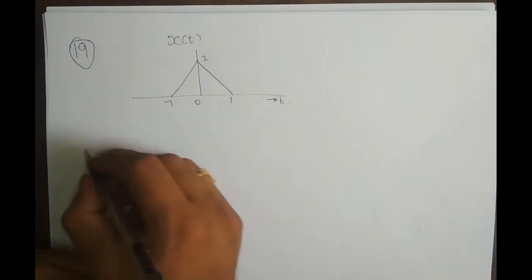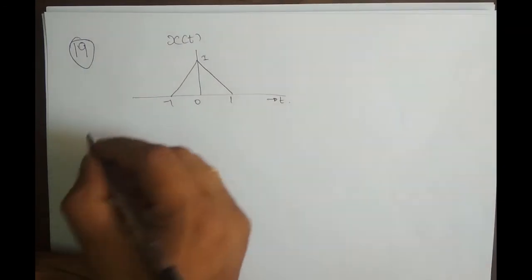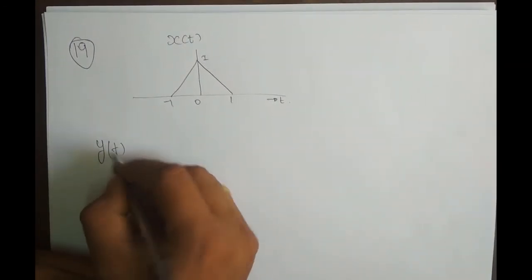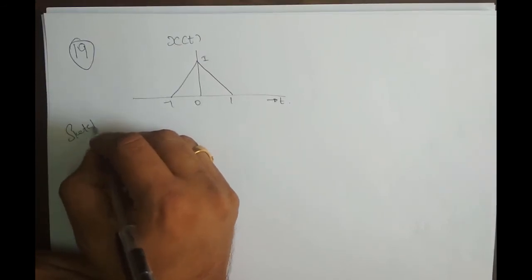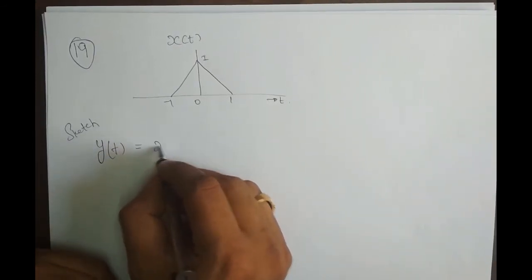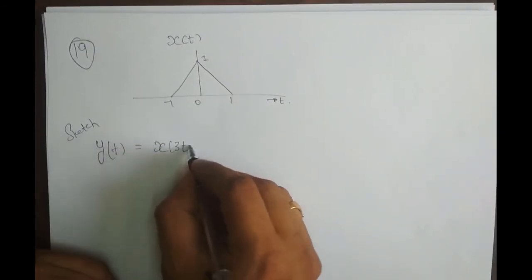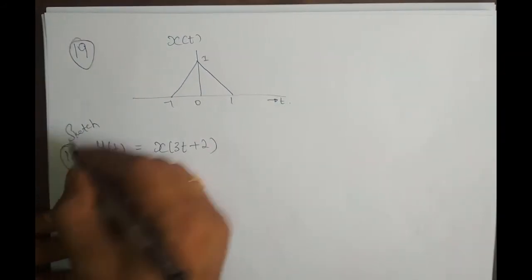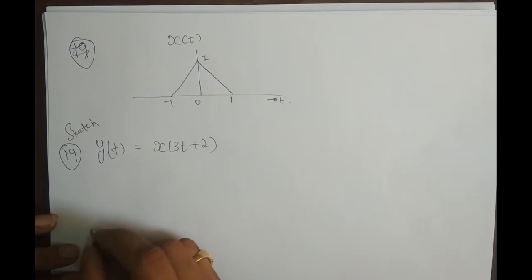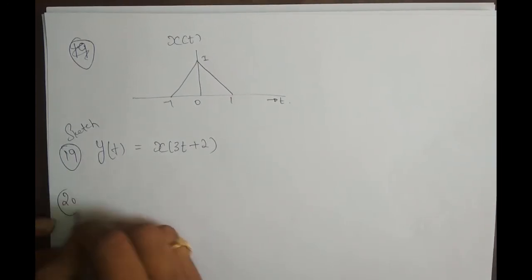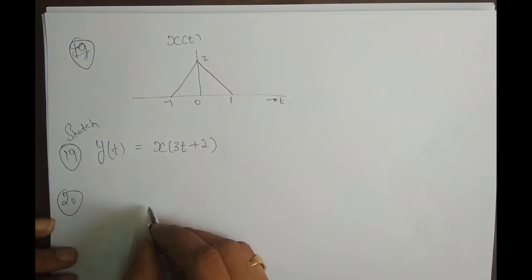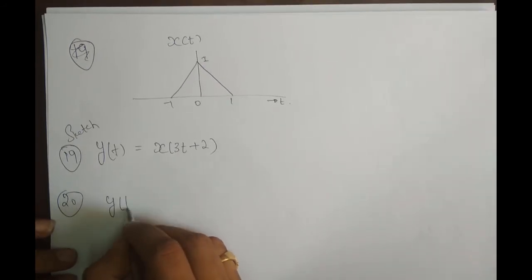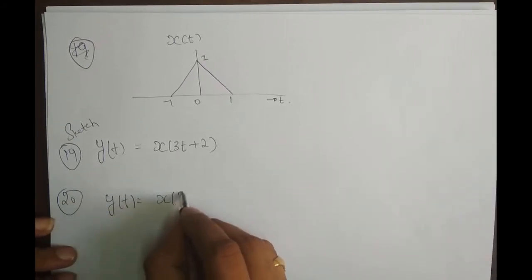Problem number 19 is you have to sketch y of t equal to x of 3t plus 2. Problem number 20, you have to sketch y of t equal to x of 3t.